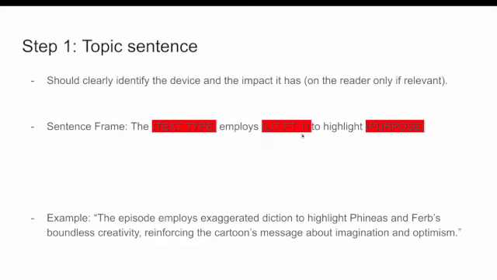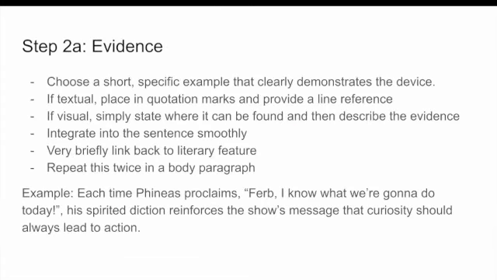The literary feature here is exaggerated diction, and the purpose here is to reinforce the cartoon's message about imagination and optimism. So this sentence right here ticks all three boxes, especially these two, which are the main ones for a topic sentence. So it's a very strong topic sentence. That's pretty simple, so that's all we've got to do in the topic sentence. Let's just move on to the next part.